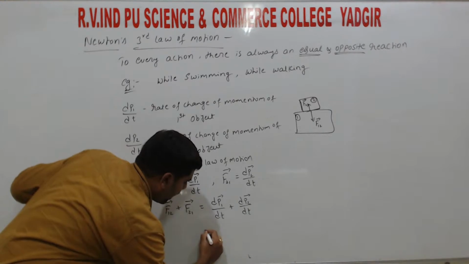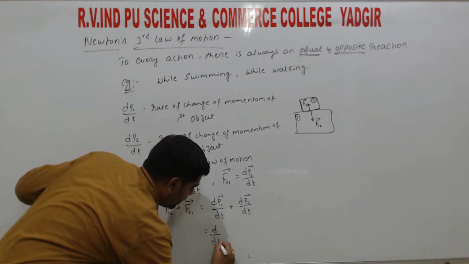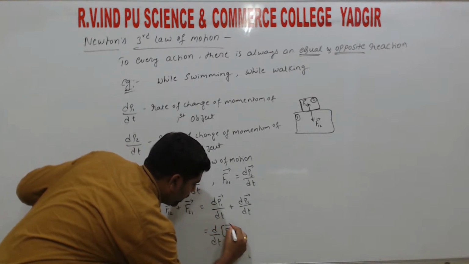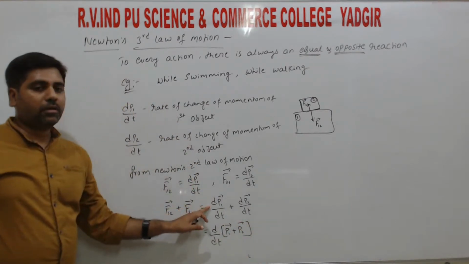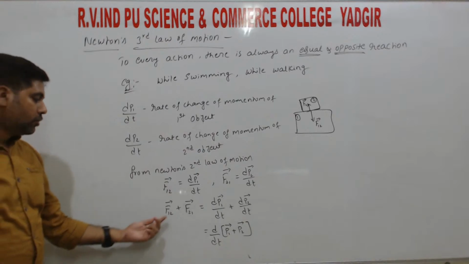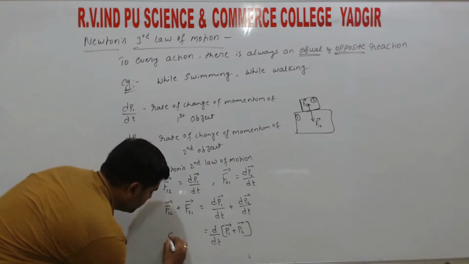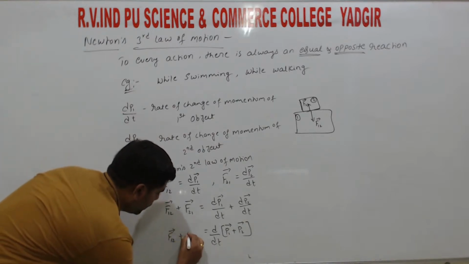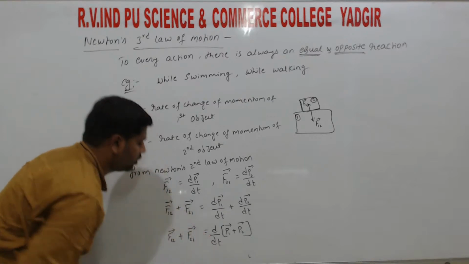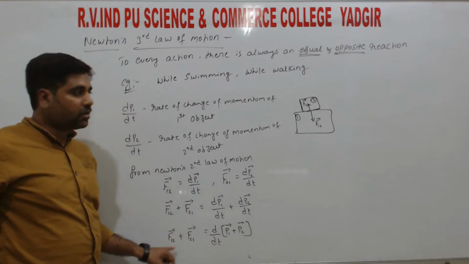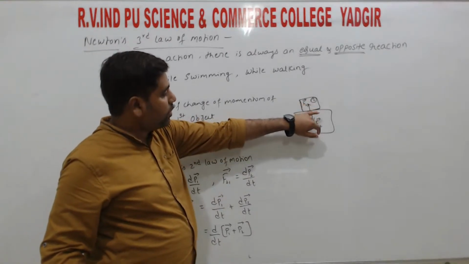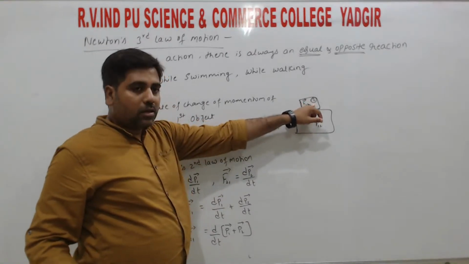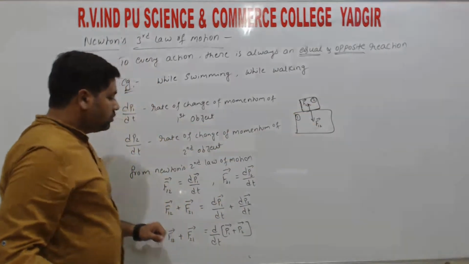So this we can write as d by dt of (p1 plus p2). The LHS remains the same, F12 plus F21. F12 is the force exerted on the first body by the second body, and F21 is the force exerted by the first body on the second body.